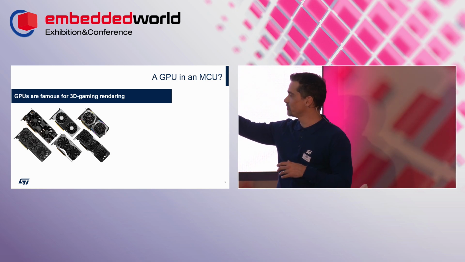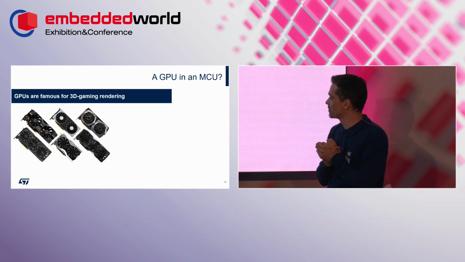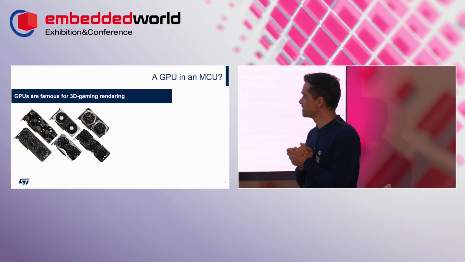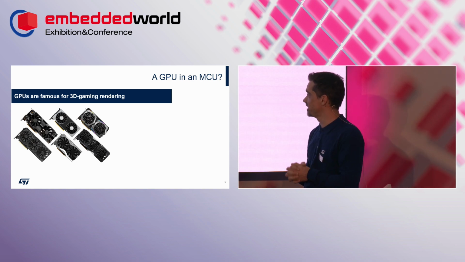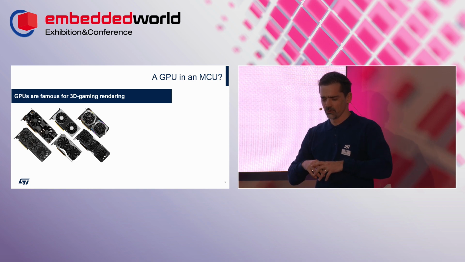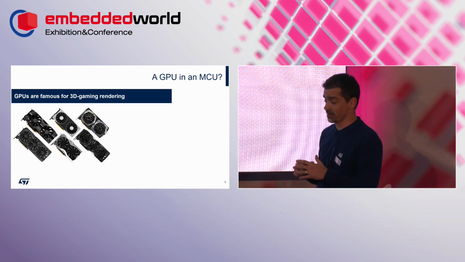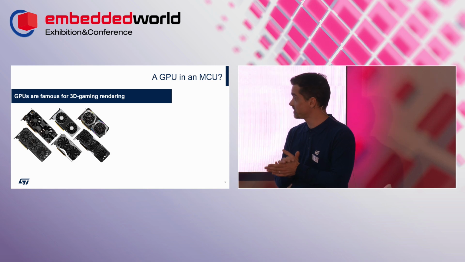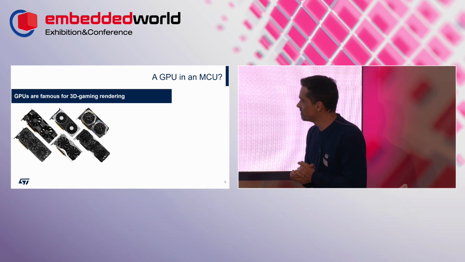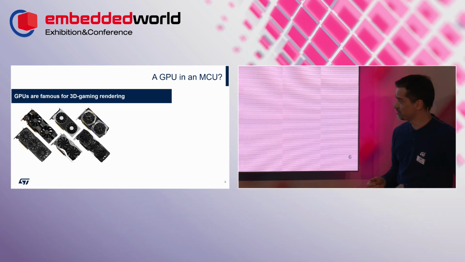Here I removed the trademarks for obvious reasons, but you will recognize some PC gamers' graphic accelerators. And you can see that they are huge. They contain a huge amount of very fast memory. They consume a lot. Sometimes you have to double the power supply of the PC to make it run. And you can see as well many fans on them. This is okay. Why not?